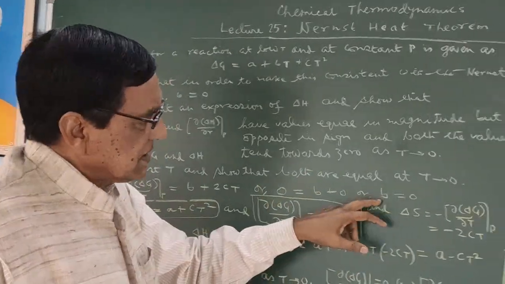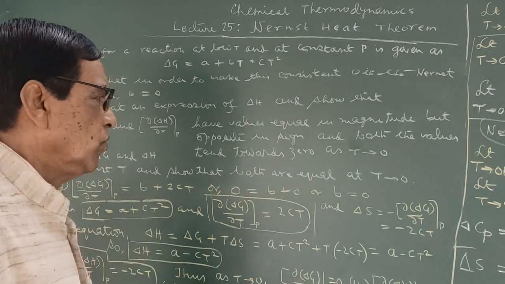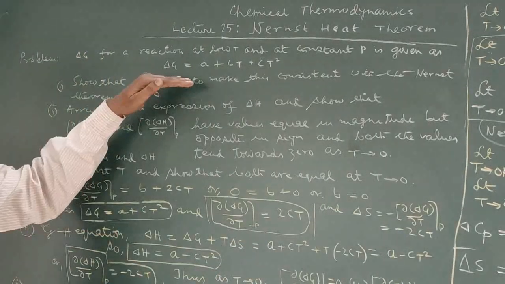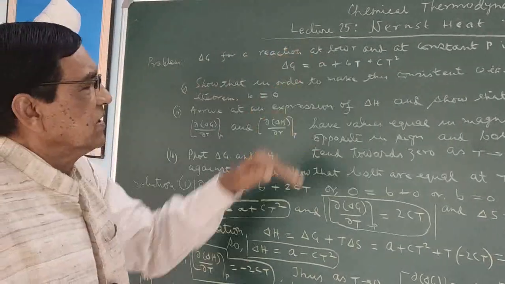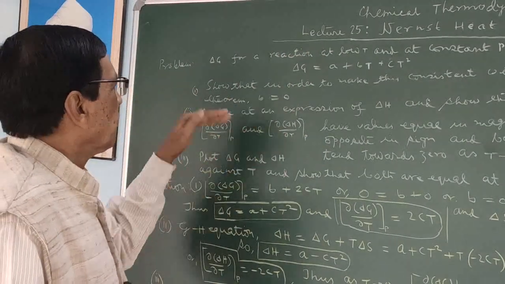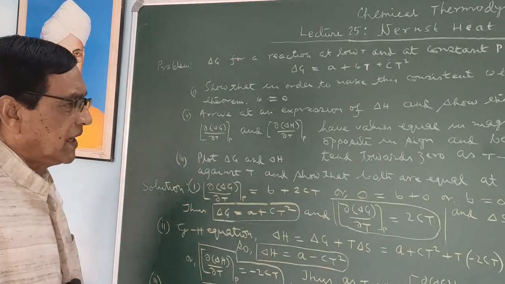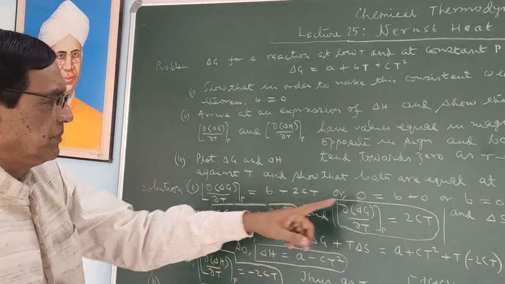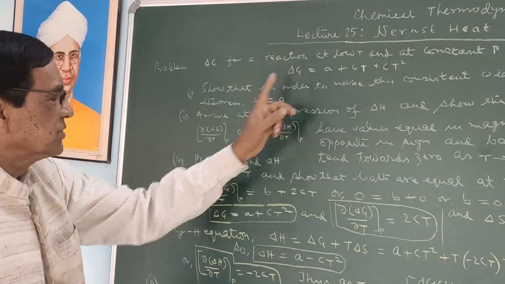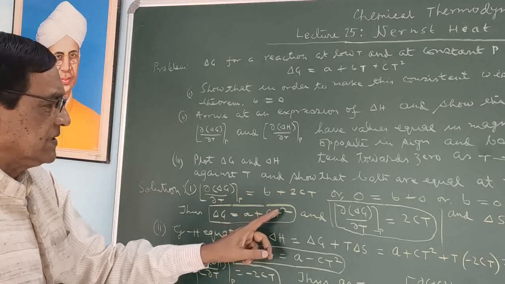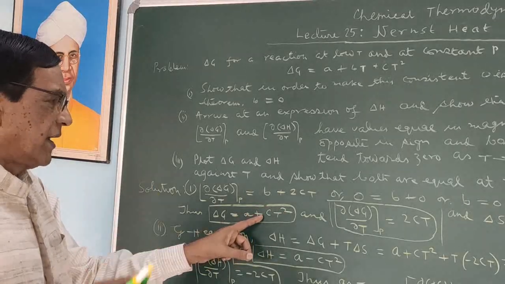So B must have to be 0 in order to make this relation consistent with this Nernst theorem. And now B equal to 0, so this equation turns into delta G equal to A plus CT square. B is vanished.